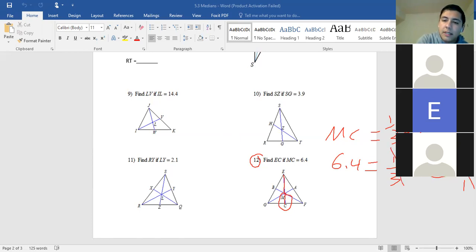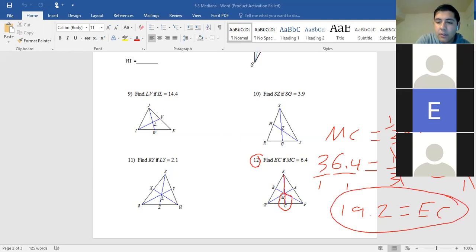So if we multiply the entire thing by 3, that's 3 times 6.4, which is 19.2. So the entire thing, EC, is equal to 19.2.